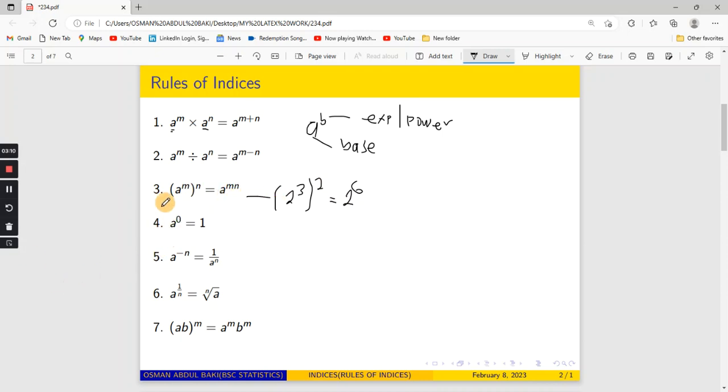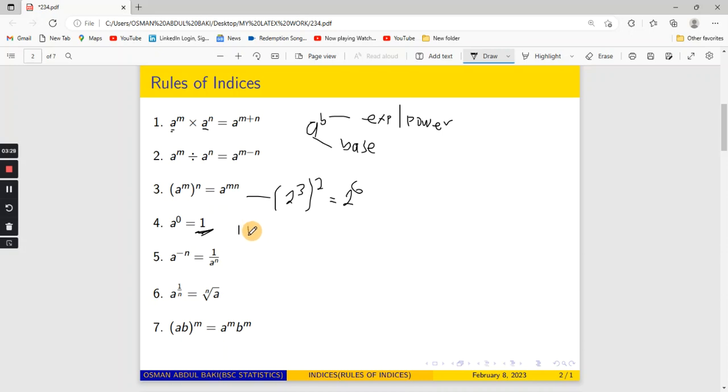So now let's come to property number 4. Here, any value with the power 0 is 1. That's what you need to know. Even 100 million raised to the power 0 is 1.